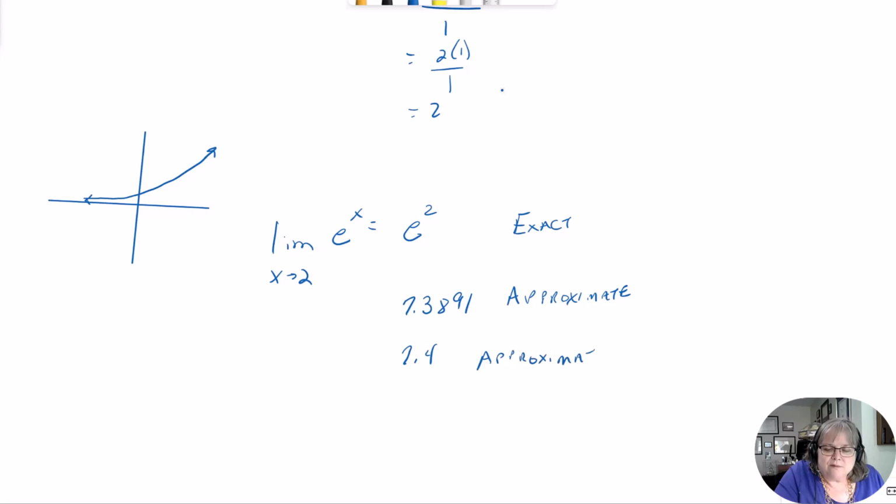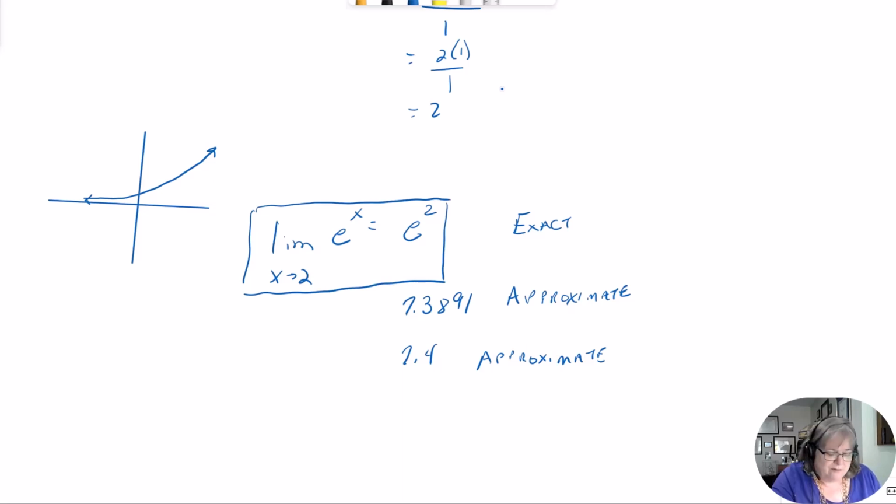In general, traditionally, and traditionally means that it depends on your teacher if they're a traditional kind of teacher or not. So traditionally, if they do not ask you to approximate it, you leave it exact, and you would have left your answer this way. If they say approximate it, then you can approximate it. But be careful, okay?